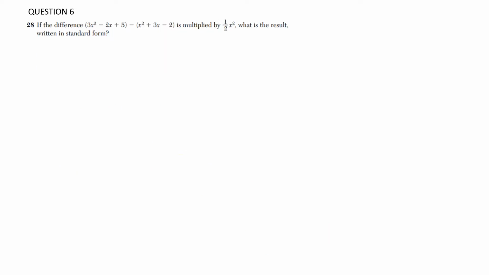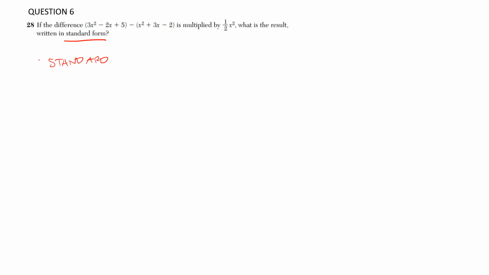In this next question, we are asked if the difference 3x squared minus 2x plus 5 minus the quantity x squared plus 3x minus 2 is multiplied by 1/2 x squared, what is the result written in standard form? Just to remind ourselves what standard form is, it's nothing fancy.